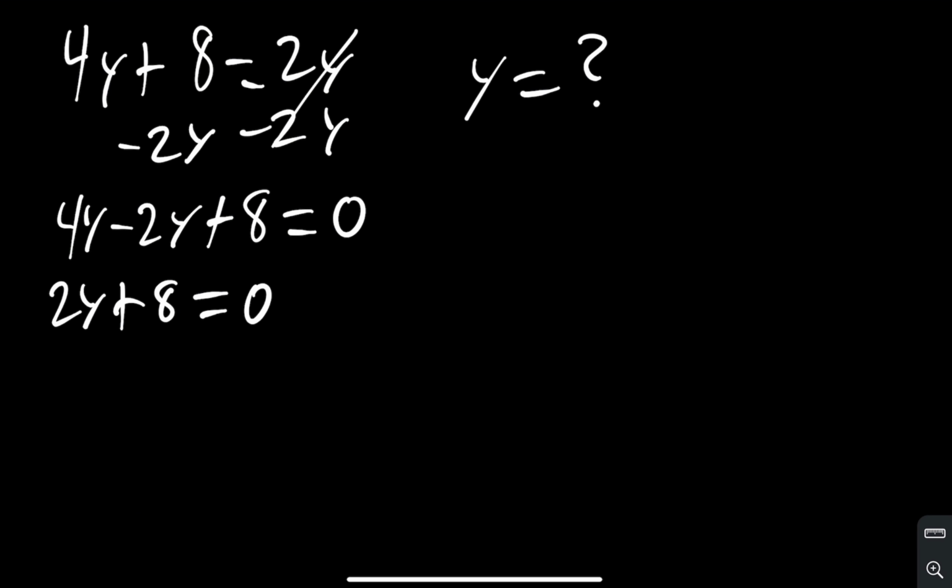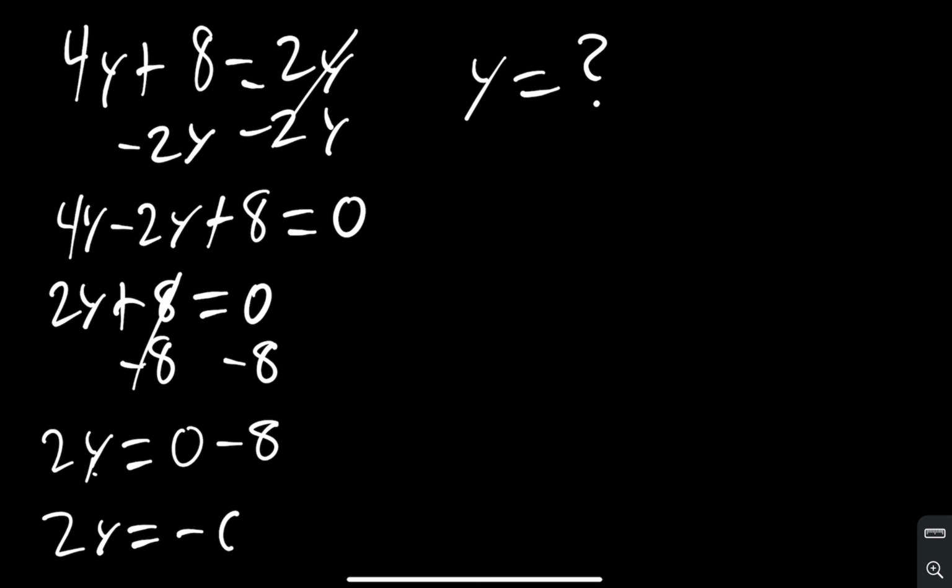Remember, we want y by itself on one side, so we need to subtract 8 from both sides. 8 minus 8 gives you 0, and then we have 0 minus 8. So it's 2y equals 0 minus 8, and 0 minus 8 gives you negative 8. Now notice here it doesn't have a number in front, but here we have a number in front.